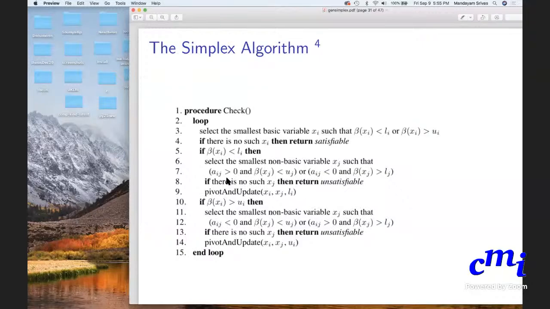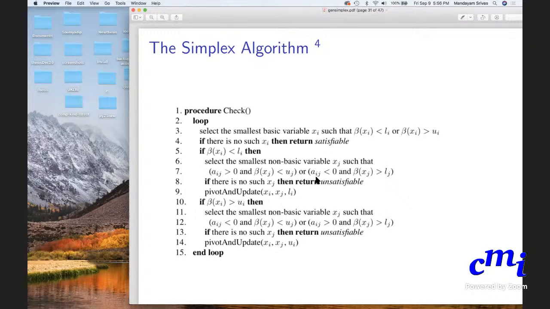And this can be done by looking at the coefficient of the chosen non-basic variable in the equation defining xi. If that coefficient is positive, then of course the value of xj, the non-basic variable chosen to adjust its value, has to be increased, and you will do that only if there is slack, that is, if it's less than uj, then you can increase it.